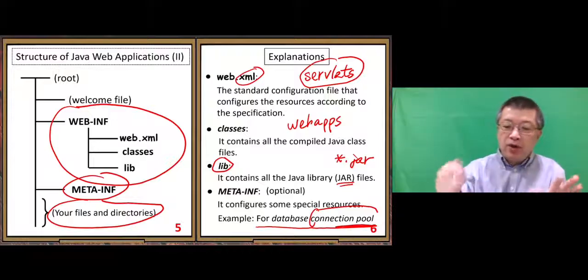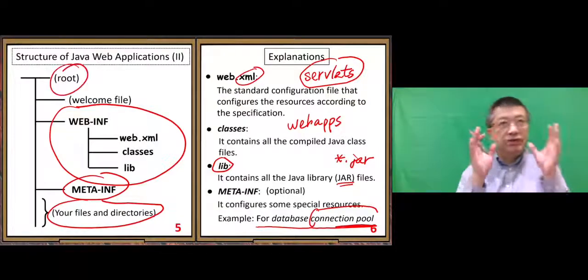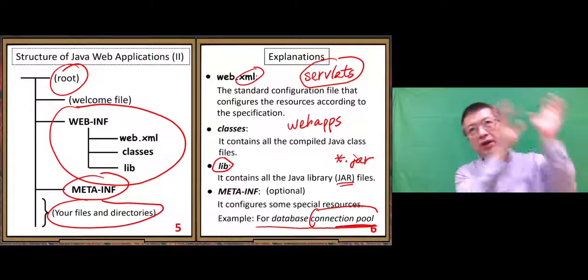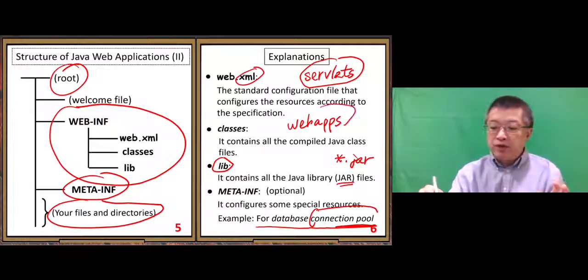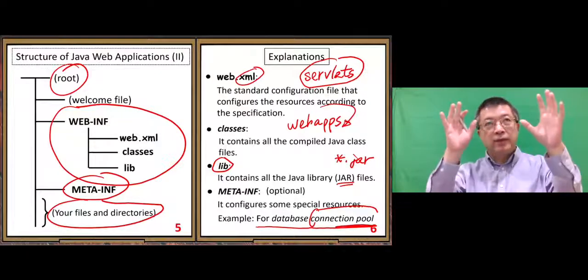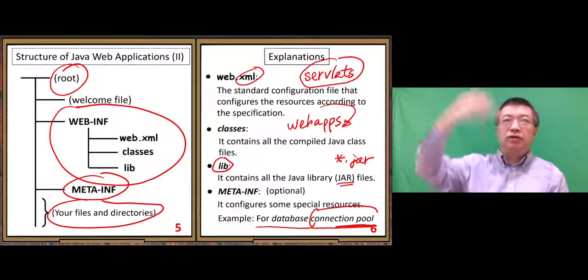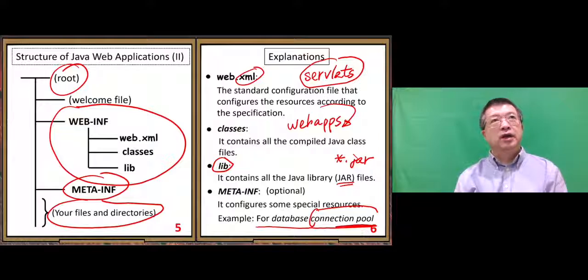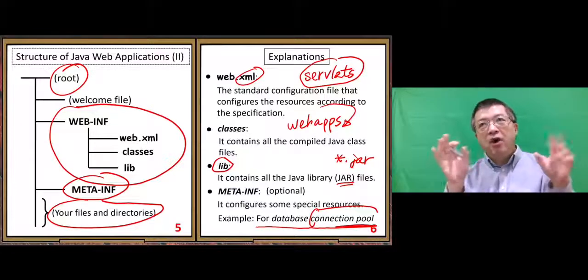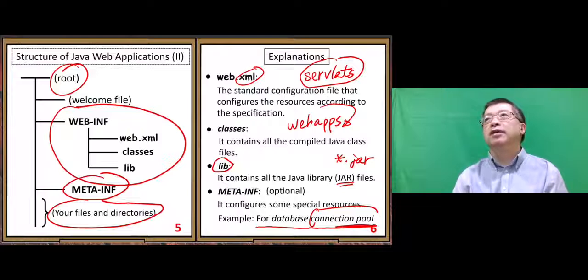You just drop your context root folder inside this webapps folder. That's it. Then you start the Tomcat server and run it. Then you type the URL, and you can access your web application. We will see that. That's the deployment in Tomcat.